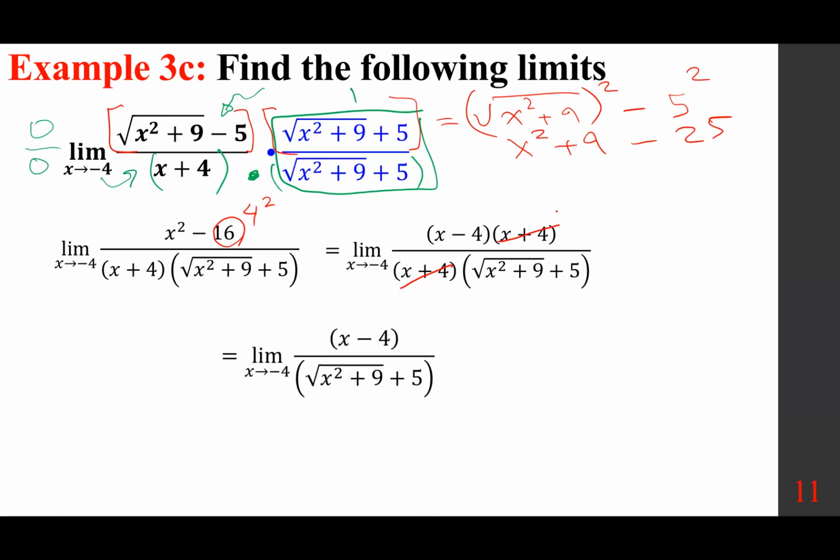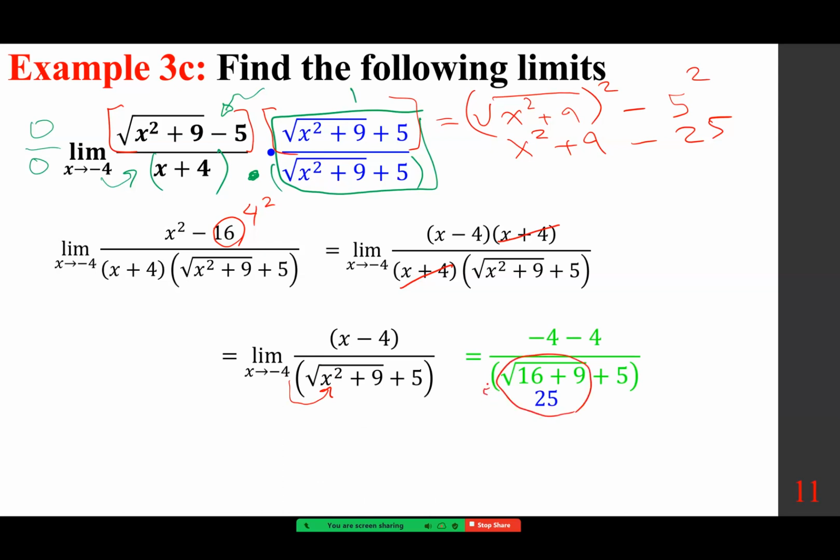Now, if you plug in, the top is -4 minus 4. The bottom is over here. When I put -4 squared, it becomes 16. 16 and 9 is 25. And the square root of that is 5.